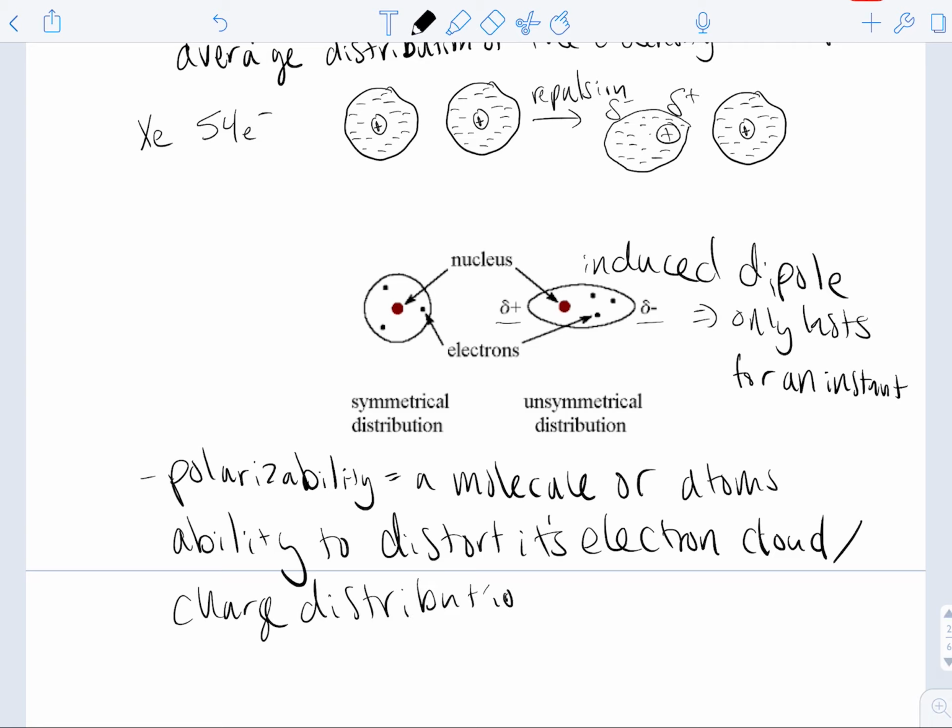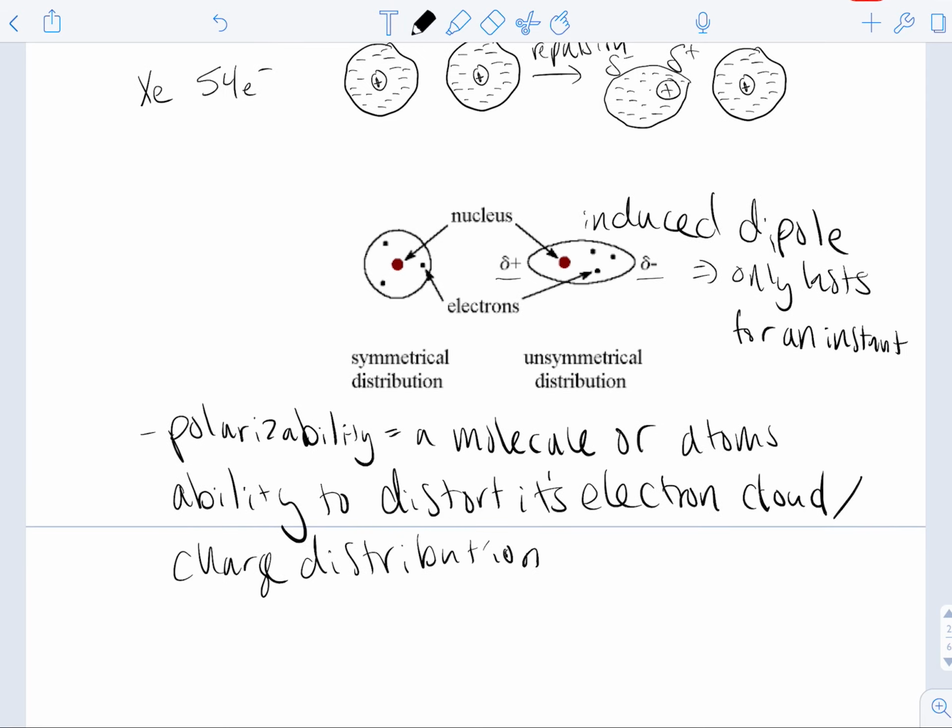So we think about something that is highly polarizable, something that can very easily distort its charge distribution. If something is polarizable, we call it squishy. So we can push that electron density in one direction or another.